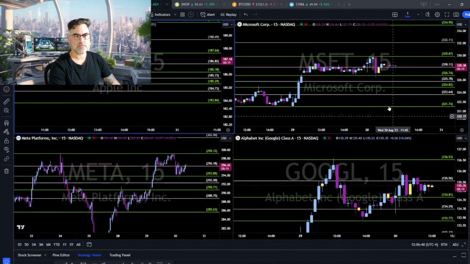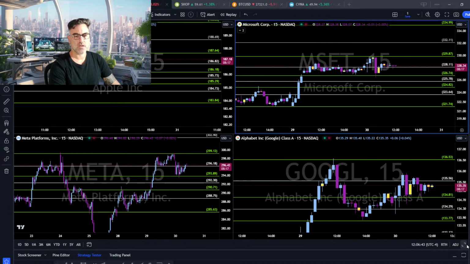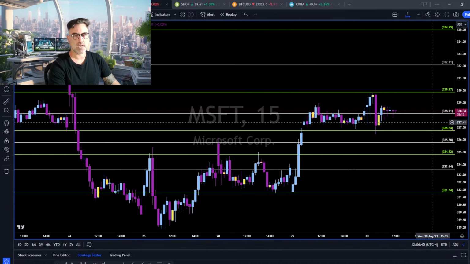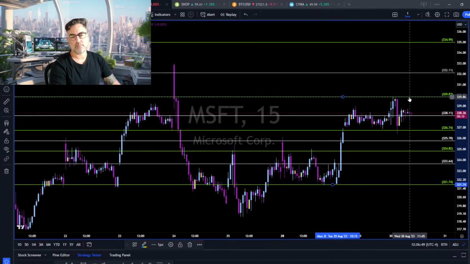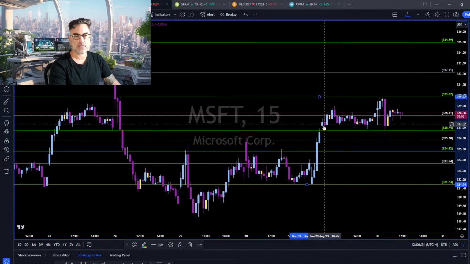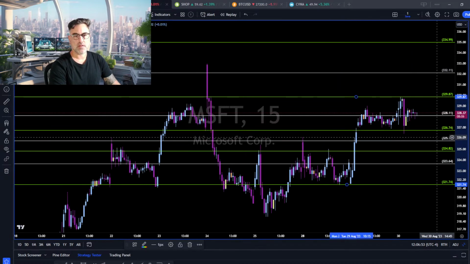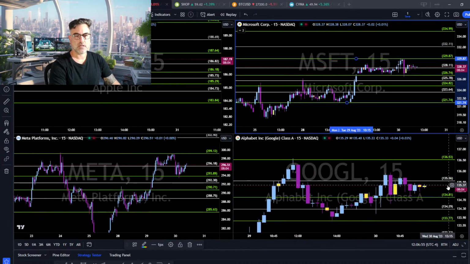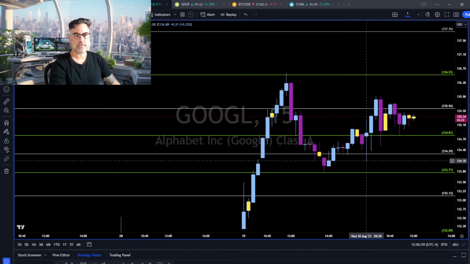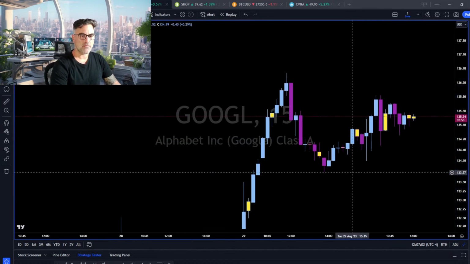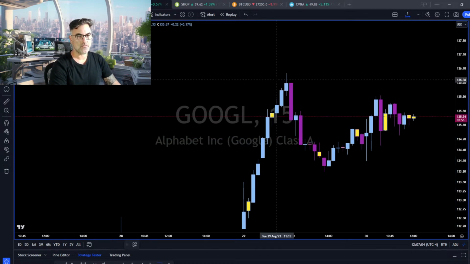Now we also have Microsoft, nothing much, moving sideways, long above 329, short below 326. Google, can we get some kind of a cup and handle on the 15 minutes?